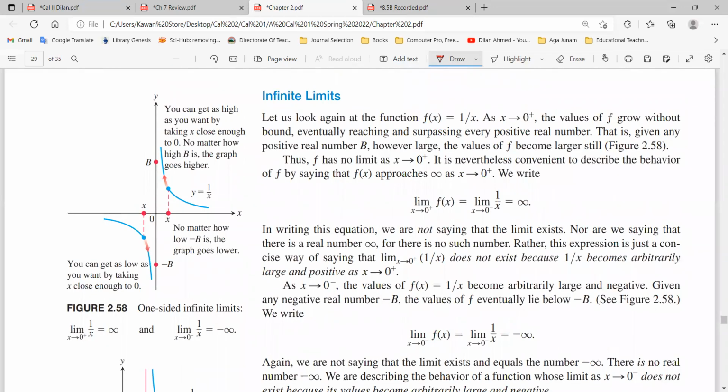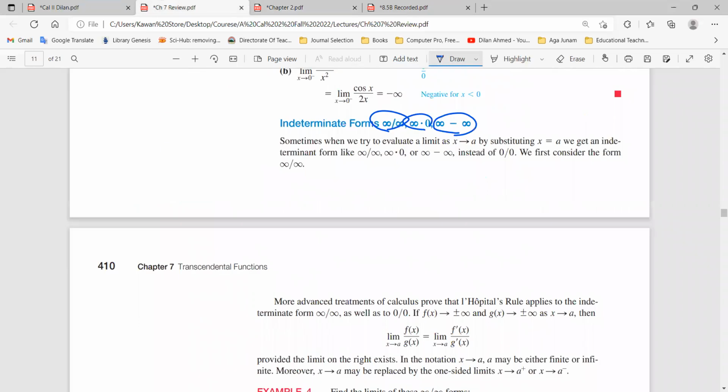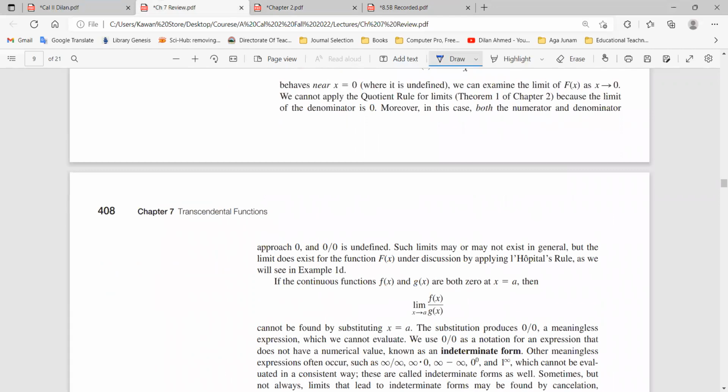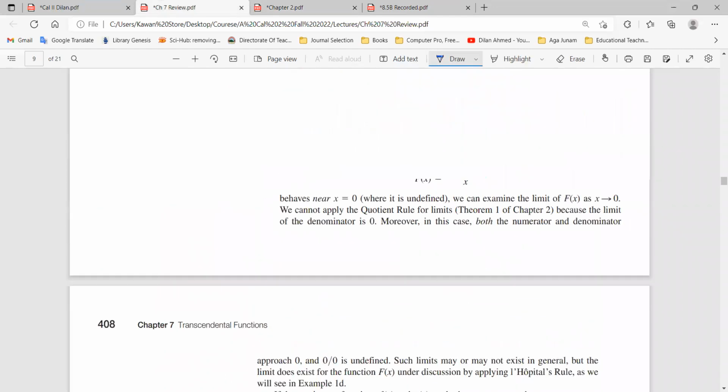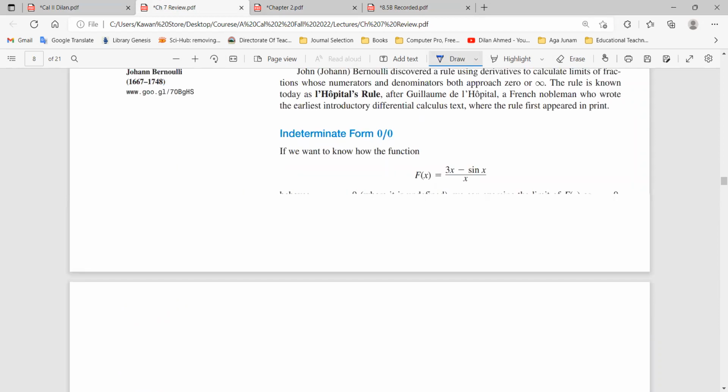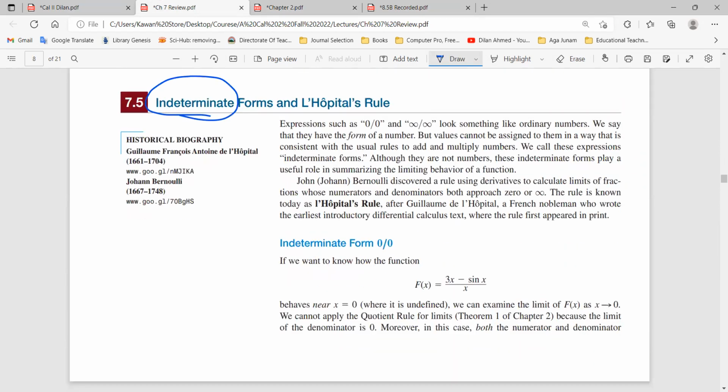I'm going to give you such a clue in chapter 7.5. Of course, we need this section actually. Here we are. We have indeterminate forms, three types.